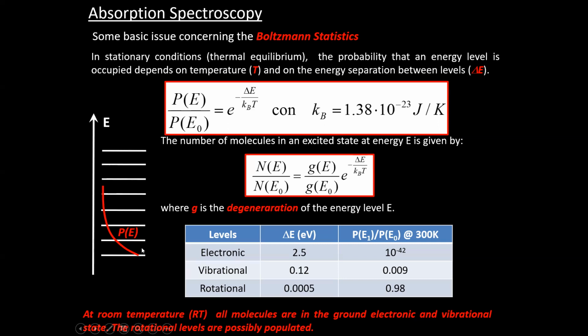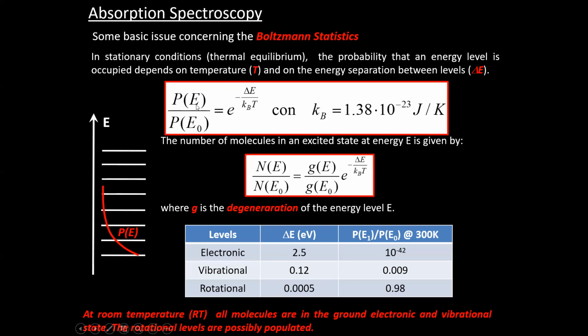And then you ask yourself, what is the probability that my system is in the energy level at energy E? So what is the probability that my system is here, or here in the second level, or here in the third level, or here in the fourth level, and so on?